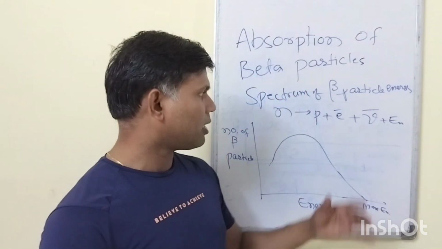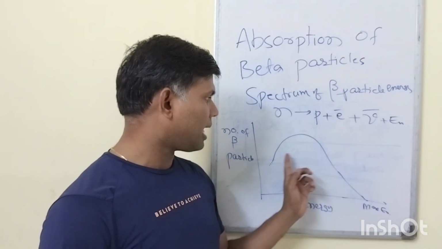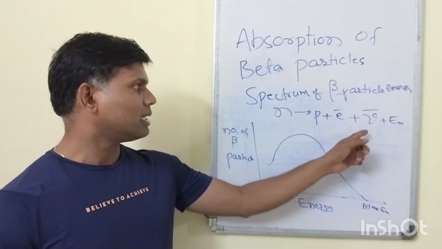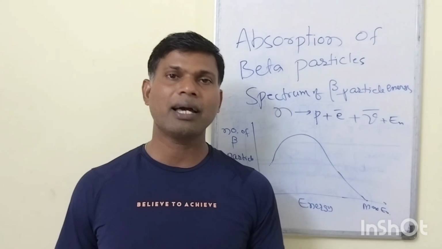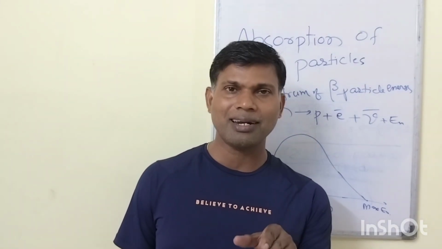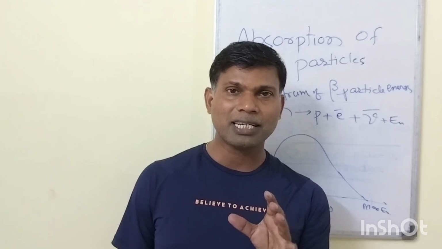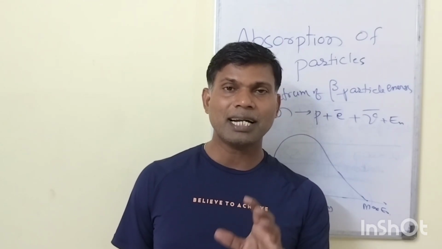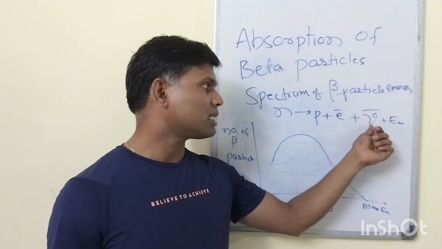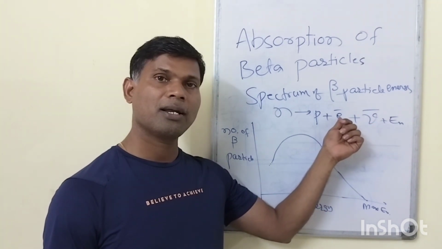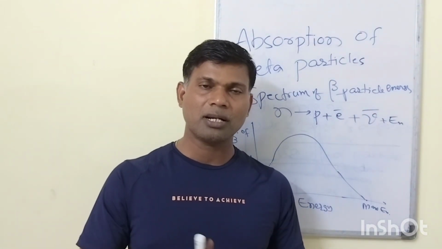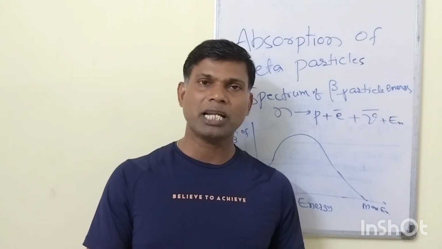Now your doubt is why this beta particle has energy like this. The reason is the antineutrino is sharing the energy. The mass defect equivalent energy is shared by the antineutrino. Sometimes this is taking more, sometimes that is taking more. Momentum conservation is continuously happening and energy sharing takes place.